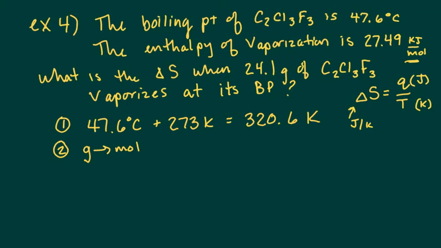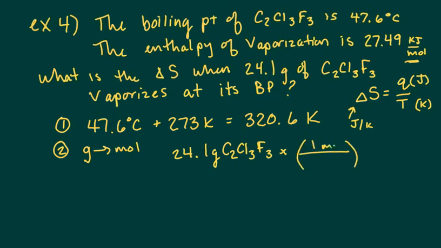Okay. So we have grams of this substance, and we want to get to moles. So we're going to do just our simple conversion that we've done a million times. When I add up the molecular weight of this, I get 186 grams.